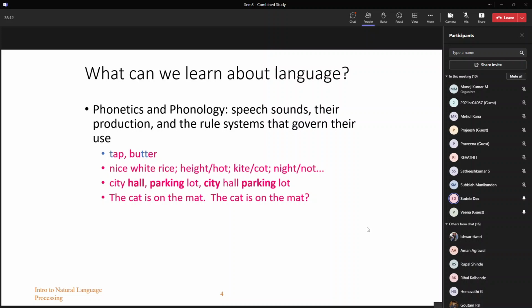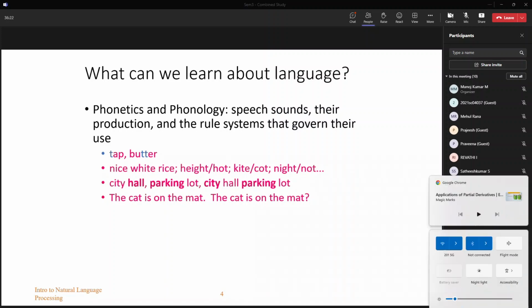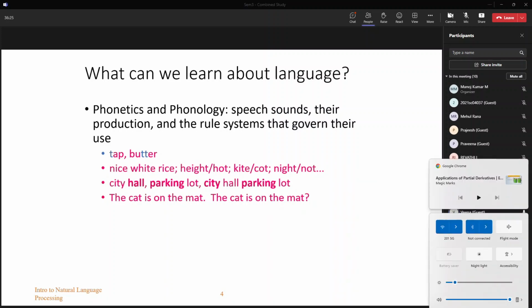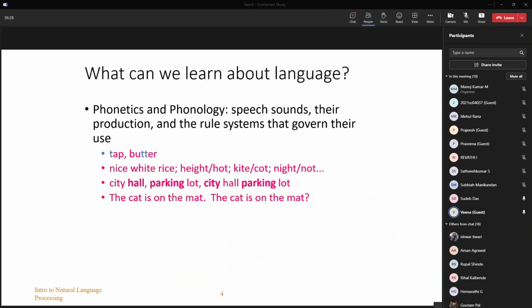But somebody can claim that next time I will say hall also has priority, or city hall together is the priority. Now how will you justify that one? Yeah, there are errors, right? Some of it will go like that, but generally, is there any logic? How do I have to select? In the first one, city hall means hall is given priority, and in parking lot, parking is given priority.